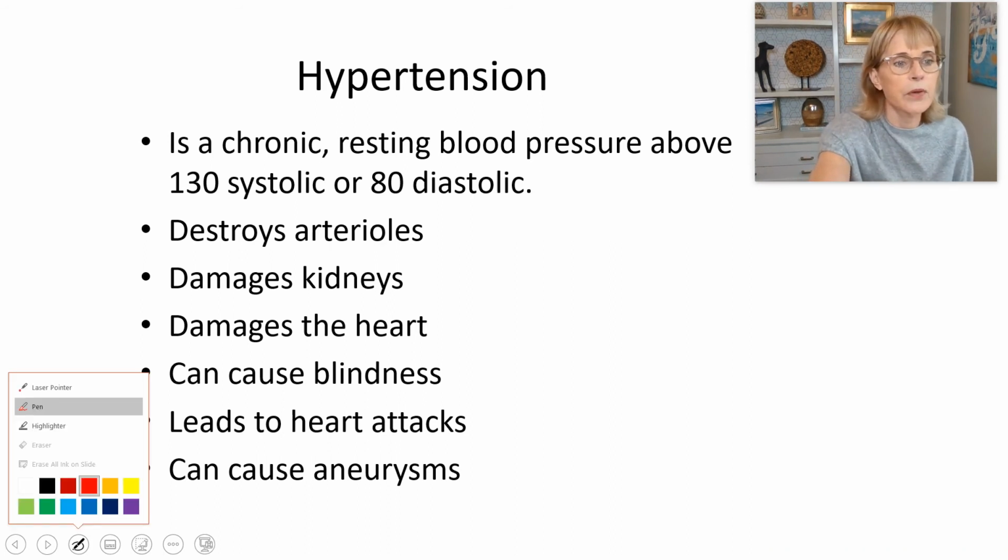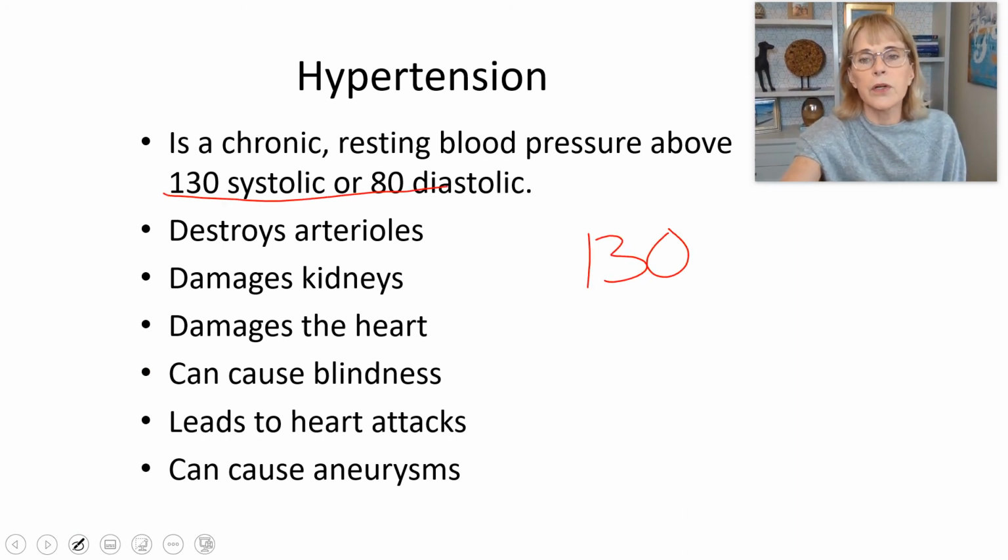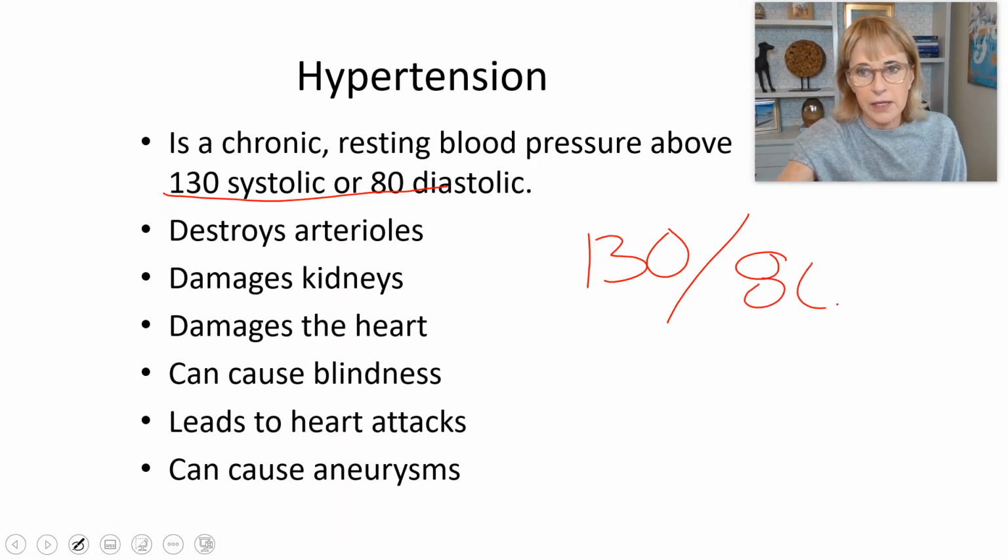Okay. Now, I want you to know what high blood pressure is. So this is a number that I will ask you to memorize, that the boundary for high blood pressure right now is 130 systolic or 80 diastolic. Now, honestly, if I ask you to run around the building and quick come back and measure your blood pressure, it's going to be that high. That doesn't mean you have high blood pressure.